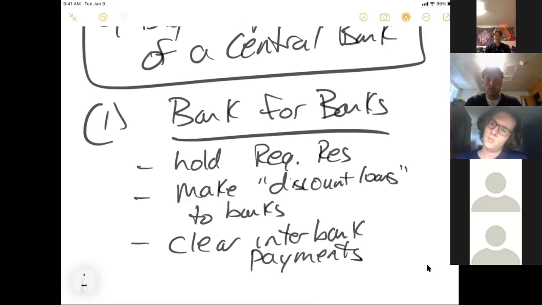What does this mean? Well, this is actually a really important function. If let's say your roommate is from California and he writes you a check from a California bank. In the old days, what would have to happen is that check would actually have to go to California. And then that money would actually have to be wired back to your bank. That could take days, weeks, who knows how long. Nowadays, what happens when something like that happens?